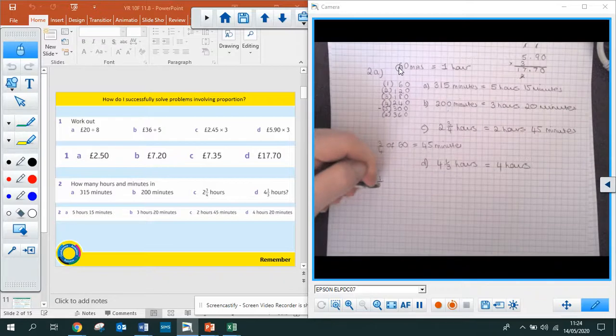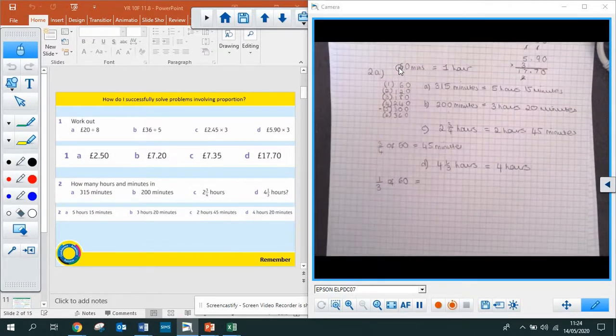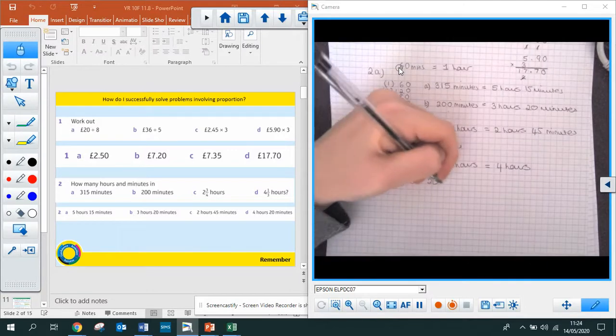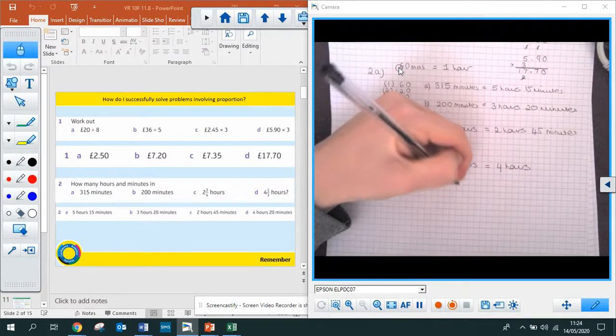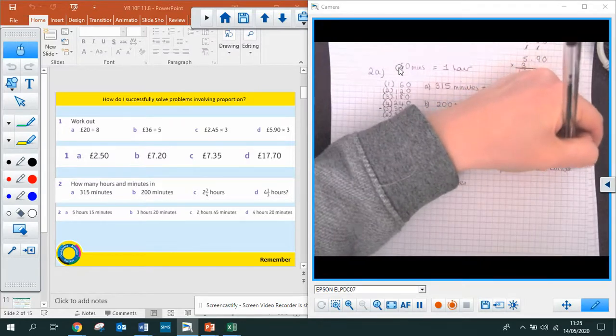So a third of 60 minutes is what we're working out because we want to know what it is in minutes. So you divide by your bottom number, your denominator. So 60 divided by 3 is 20, and you times by your numerator, your top number. So 20 times by 1 is 20. So it's 20 minutes. Okay, so that's 4 hours and 20 minutes.